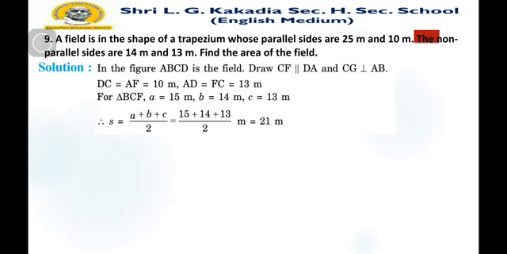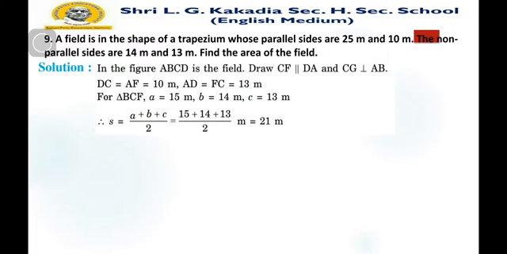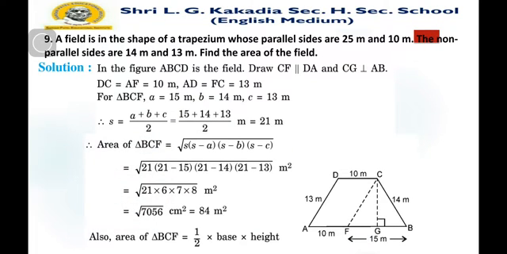Here you can see that such a type of trapezium is given, ABCD. Parallel sides are AB and CD. So CD will be 10 meter, AB will be 25 meter.